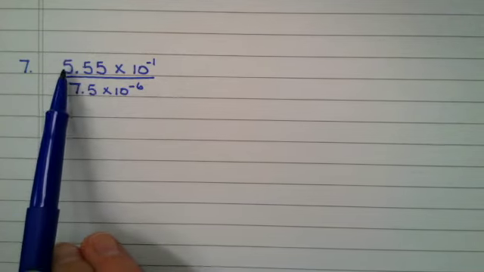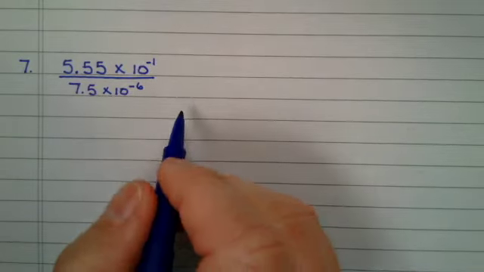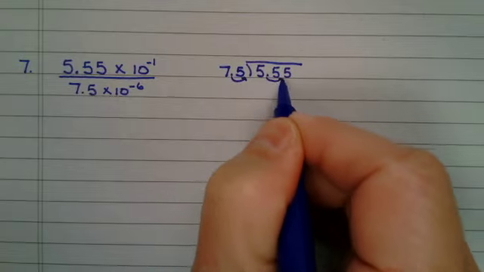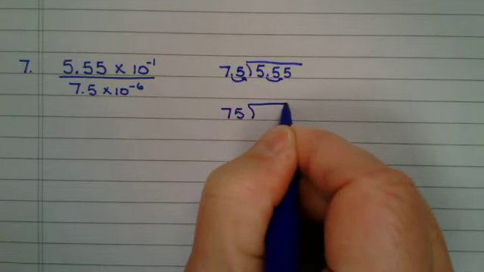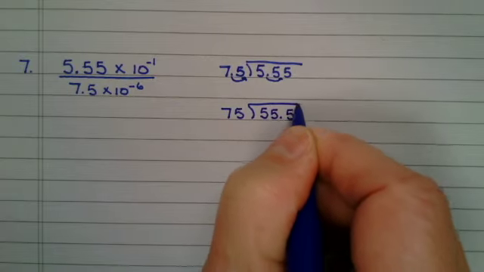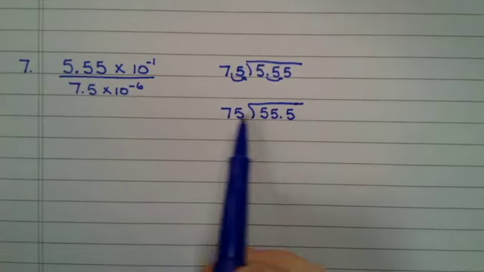So I need to take 5.55 and divide it by 7.5. I need to move my decimal over to the correct spot. Now I need a number that will go into 555.